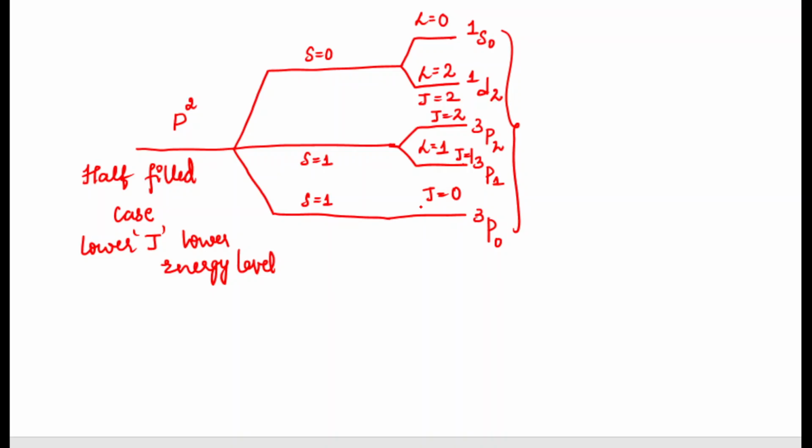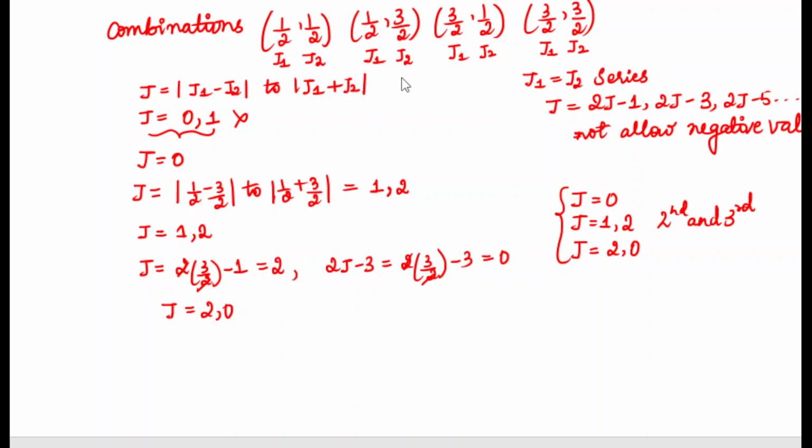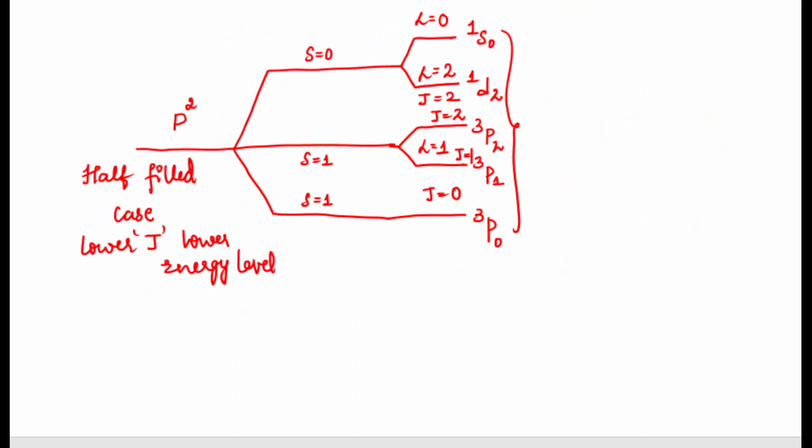Now for 3/2 and 3/2, what are the values of j from the previous slide? We are having the j values to be 2 and 0. So this level will take the value 3/2 and 3/2. The same way, we are having j value to be 2 and j value will be 1. For 1 and 2, what are the values we have?